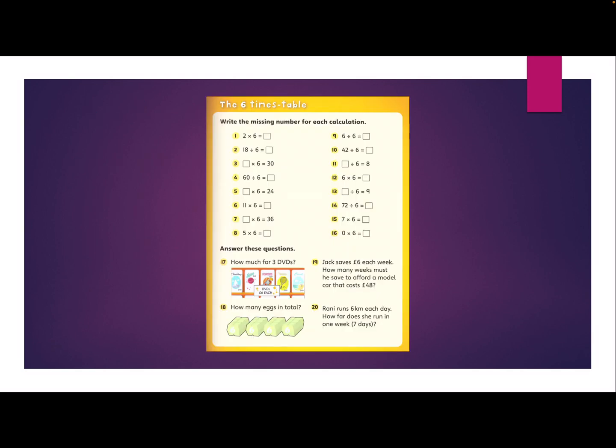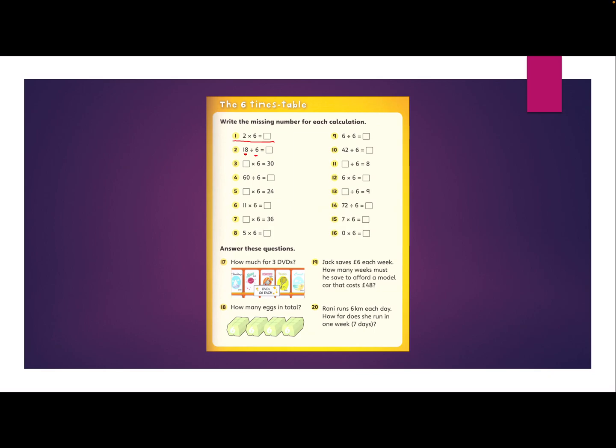So let's look at the work. The work is just using the 6 times tables. It starts off with a simple multiplication. 2 times 6, what's the answer? Then we have one here that says I've got 18 things and I'm dividing it by 6. That might mean I'm dividing it into 6 groups, or it might mean I'm dividing it into groups of 6.